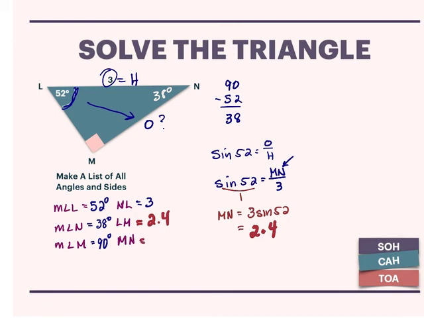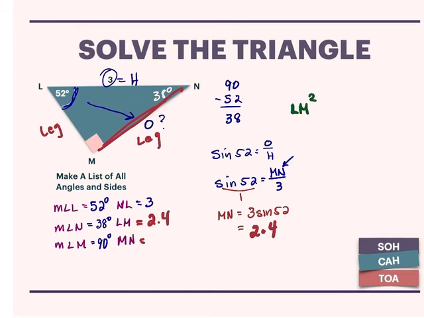And then lastly, to find LM, you've got your choice. You could use some trig to find that, or we can use the Pythagorean theorem. Notice it's a leg, and here's your other leg. So it's leg squared plus leg squared equals hypotenuse squared. So let's go ahead and do that.